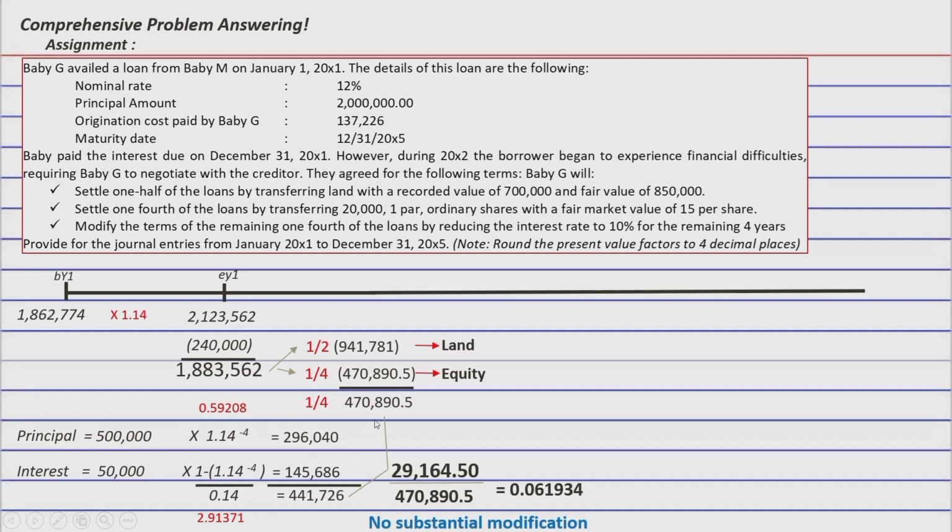However, the problem is we need to find a new rate that will be applied to the principal and interest payments in the future, so that the present value will become 470,890.50 instead of this. It means we need to do an interpolation. But let's do that in the next episode to keep this video short.